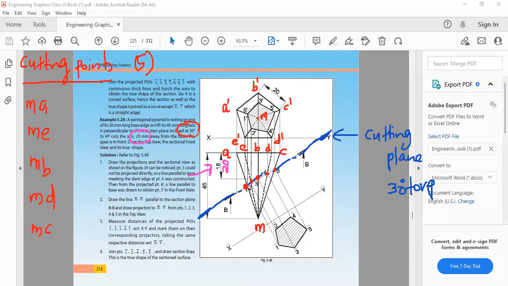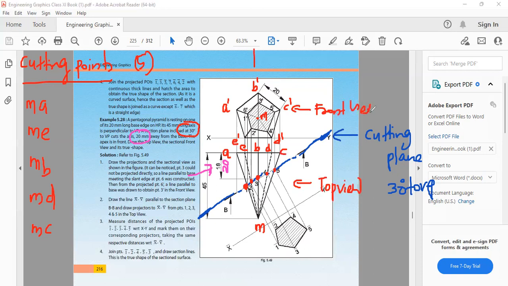So I will name the visible slant edges first. Which slant edges are the visible slant edges here? Visible means, this is my top view and this is my front view.